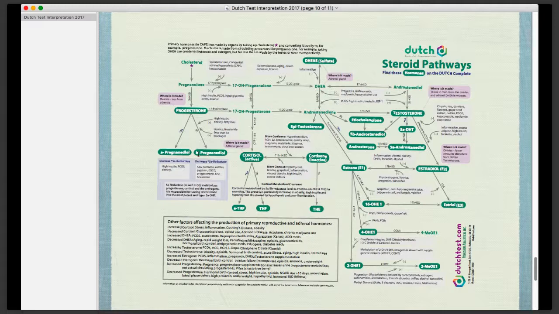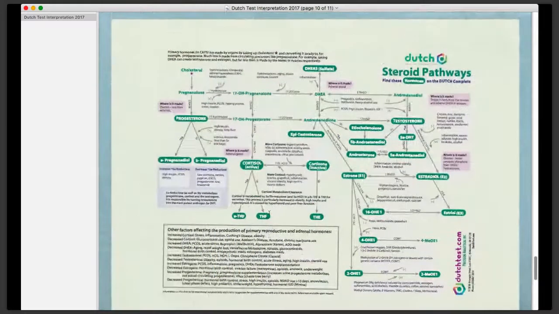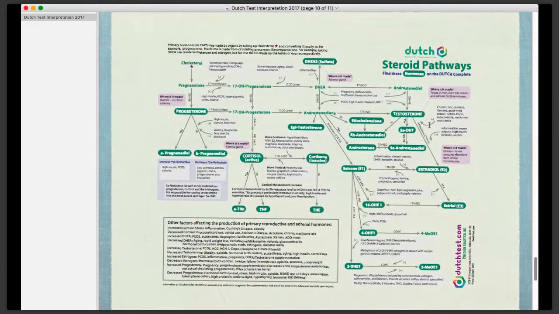If you're more prone to making the beta pregnenolone versus the alpha pregnenolone, you have more various symptoms. Then there's increased cortisol, stress, inflammation, Cushing's, decreased cortisol, increased DHEA, low DHEA, increased testosterone. I show it to you because it's a part of the results that you'll get.